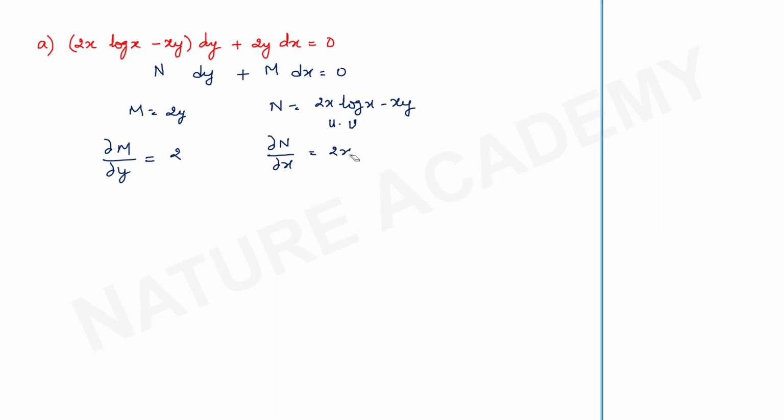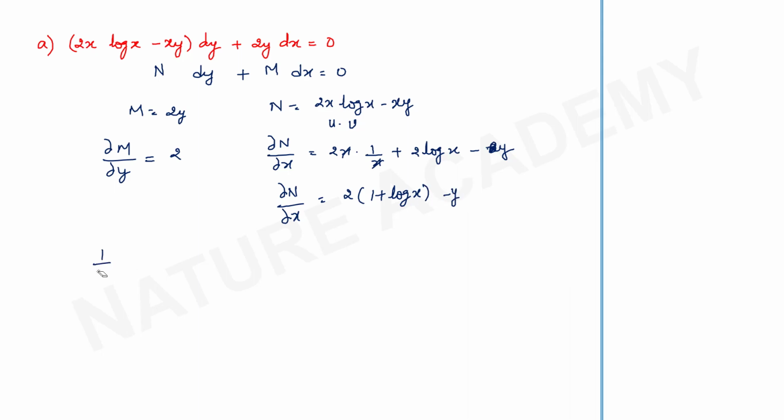So you get 2x into 1 by x plus 2 log x minus xy. So this one will become minus y. So we have ∂n/∂x equal to, this x and x will get cancelled and I will have 2 into (1 plus log x) minus y.